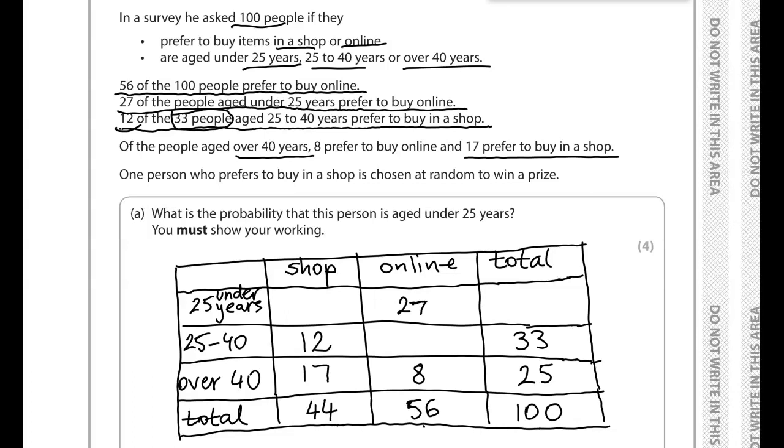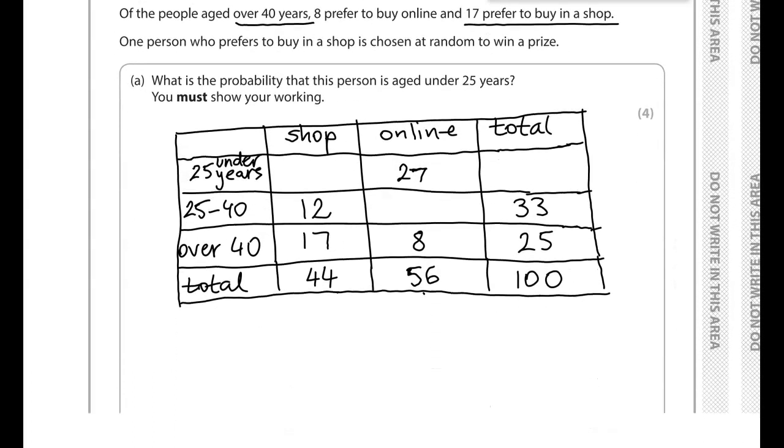Now we've got 3 gaps which we can fill ourselves. This one here: 12 add what gives us 33? That is 21. We could also do it as 33 take away 12, and that gives us 21.